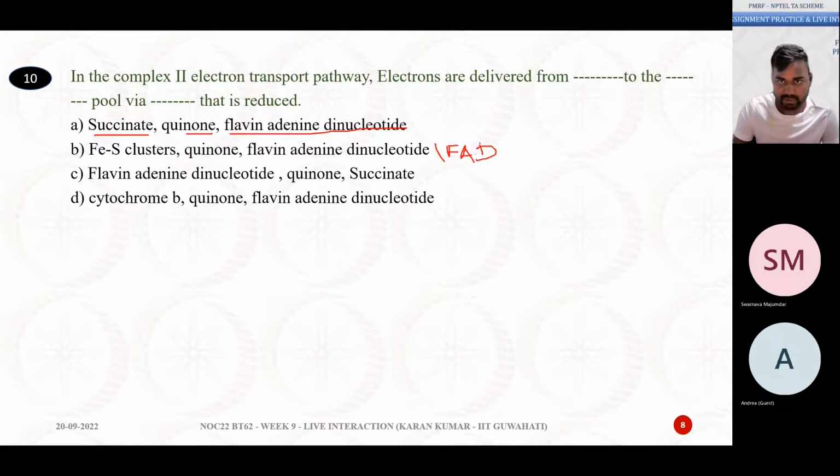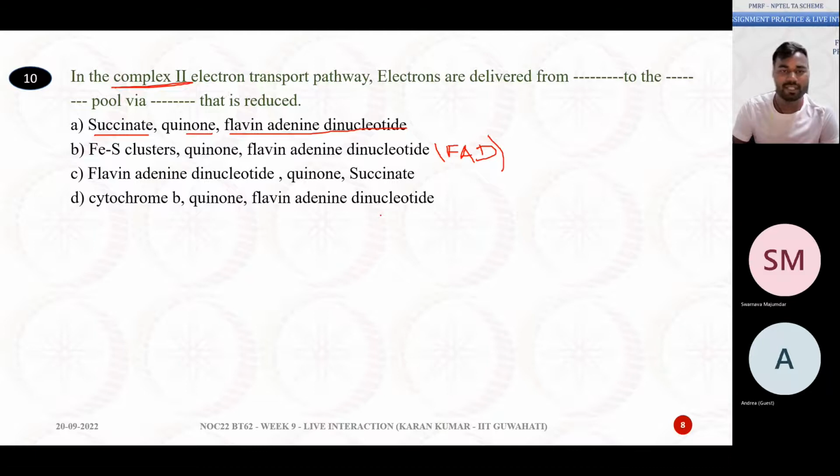Option C is flavin adenine dinucleotide, quinone, succinate, and option D cytochrome B, quinone, flavin adenine dinucleotide. And the question is about complex 2. Any idea?